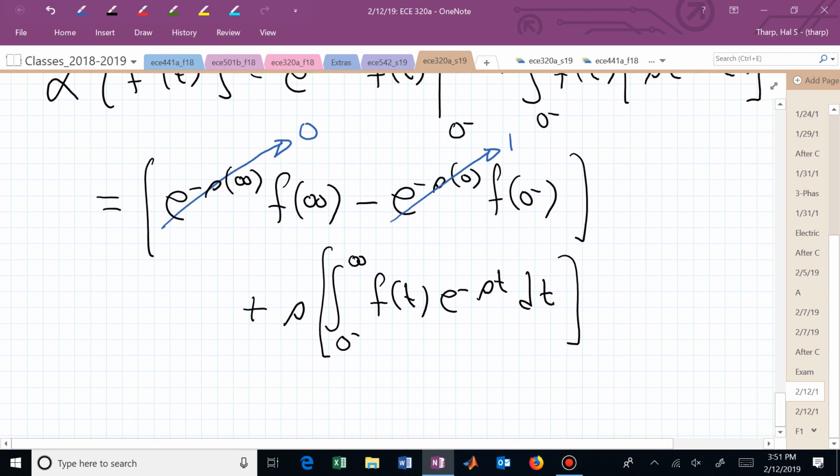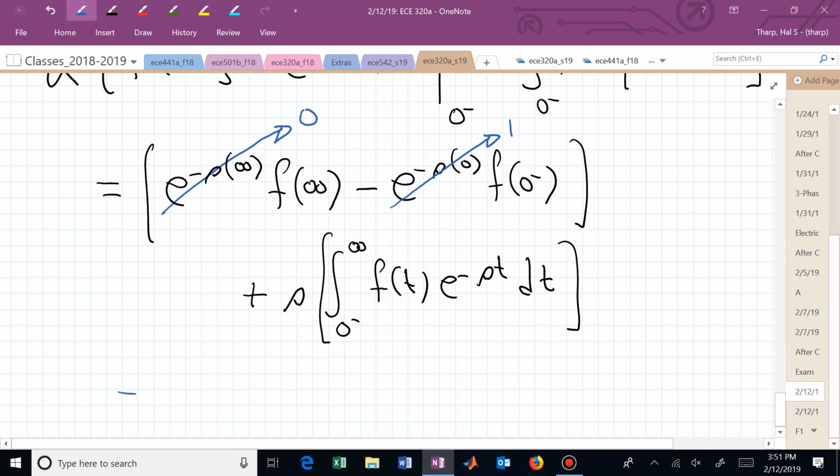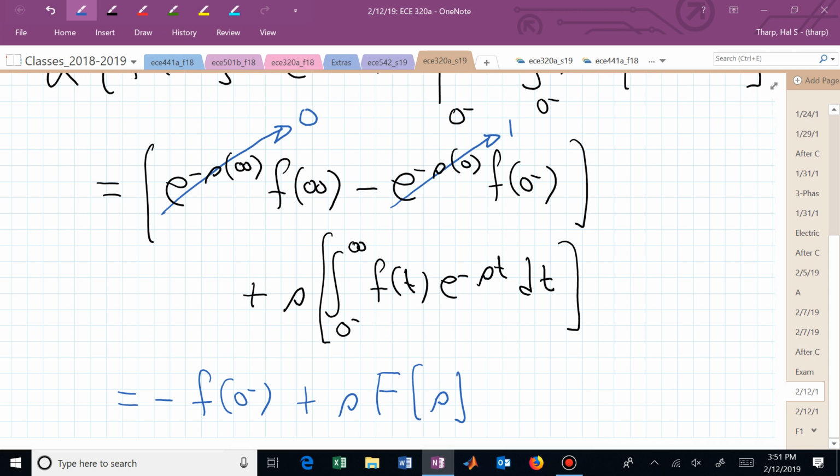And now we end up with what we wanted. We now have minus f of 0 minus, and that was t equal to 0 minus, plus s times what's in the last square bracketed expression, which is in fact the Laplace transform of the original waveform, little f of t.